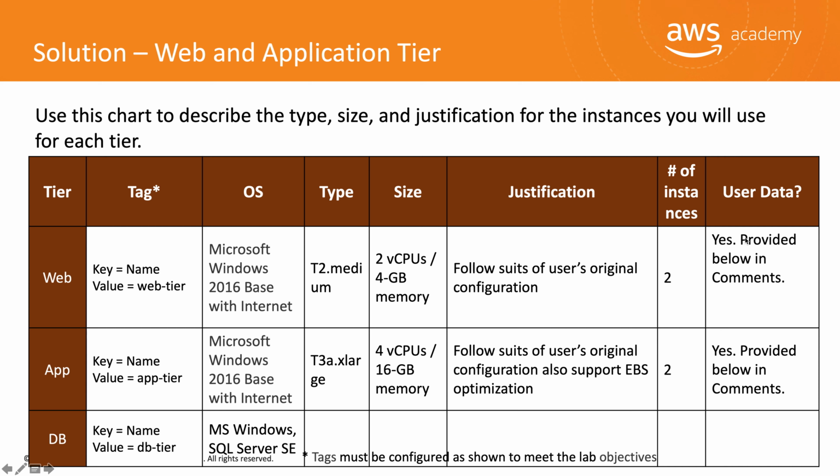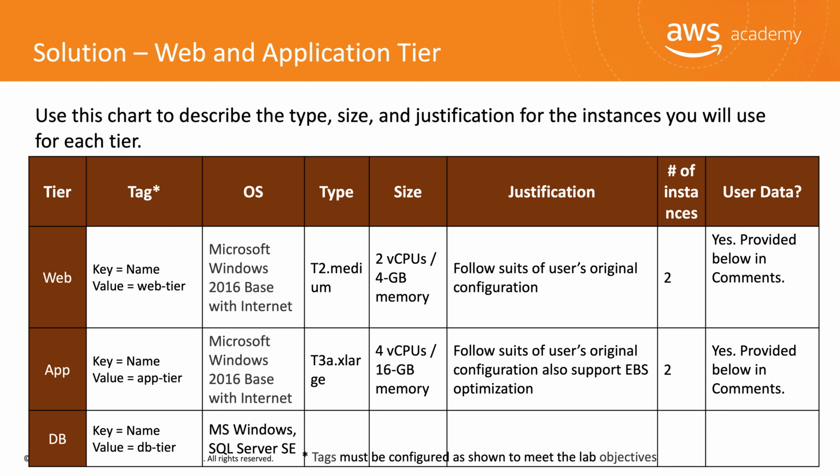And for the user data, we need a PowerShell script that should be pre-configured in the EC2, so when the system boots, it can install something that is needed for the Microsoft Windows operating system.